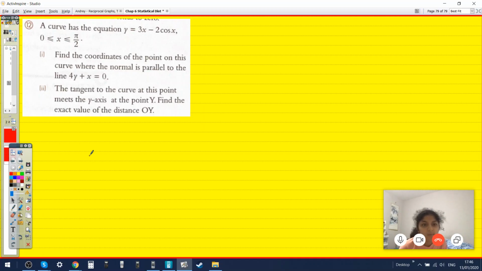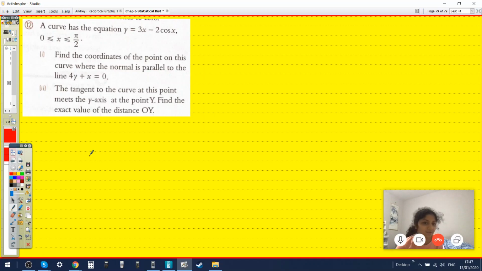Okay, how about this one? The normal is parallel to the line. So if it's parallel to that line, then the gradient would be the same.